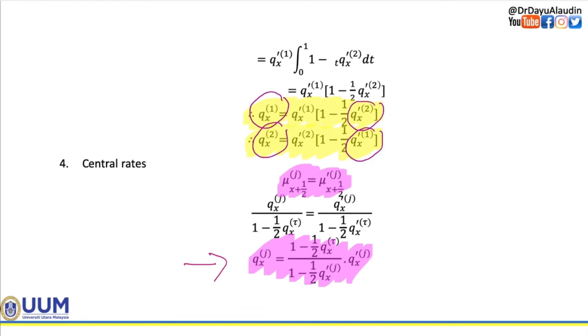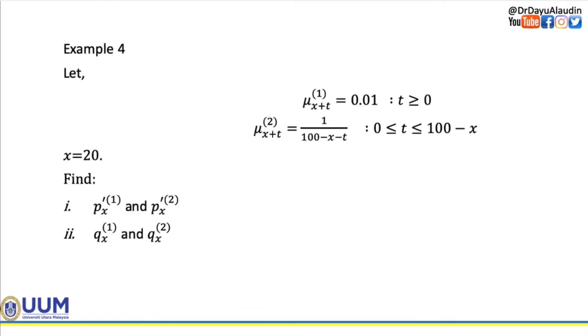Now, let's look at the example. The first example, we are given force of decrement 1 and 2. So we have 2 causes here. And the first one is constant 0.01. And this is De Moivre's law, 1 over 100 minus x minus t.